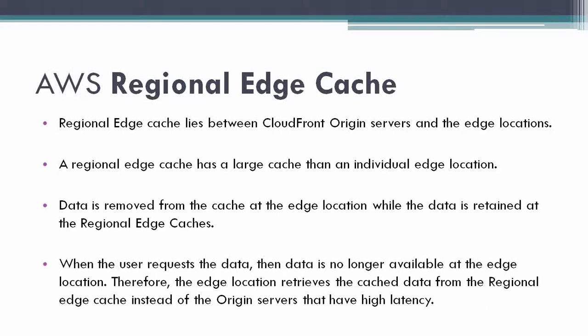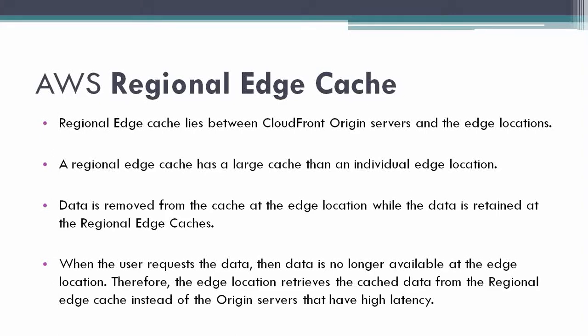So, suppose your user is using your website, and with CloudFront you are caching some data. You set some TTL, time to live. Your cached data expires from the edge location, but it is still available in the regional edge cache.